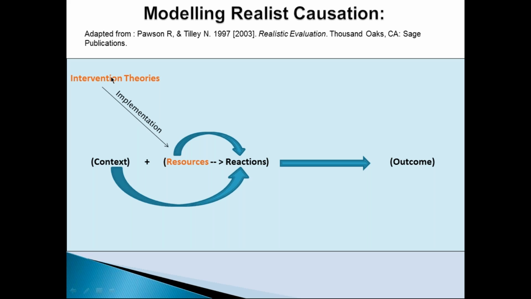So here you have the red and the red connected. The intervention theories through implementation manifest as resources. Those resources have an impact on how people react. And we're saying that this reaction part of the mechanism is the key to outcomes. So we're saying that there's a resource reaction connection.